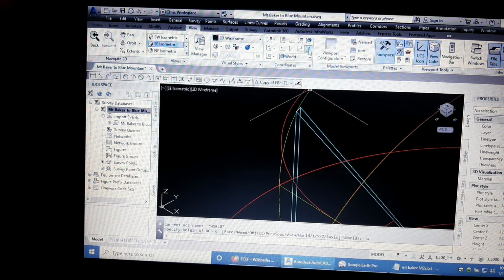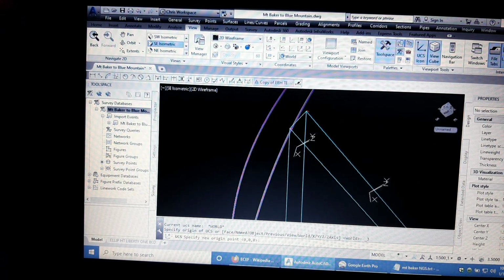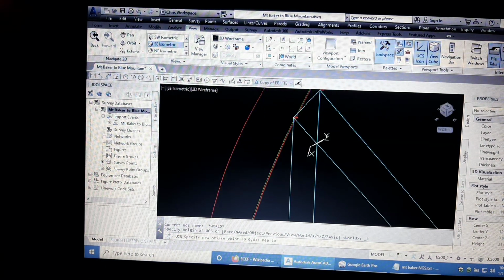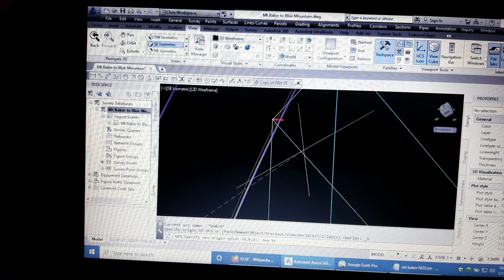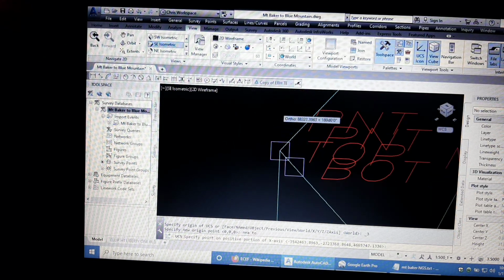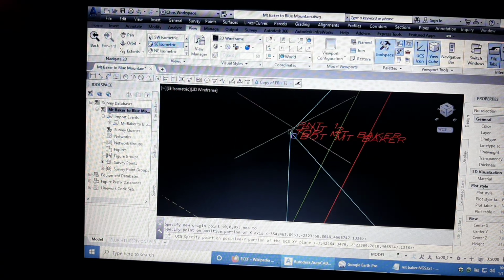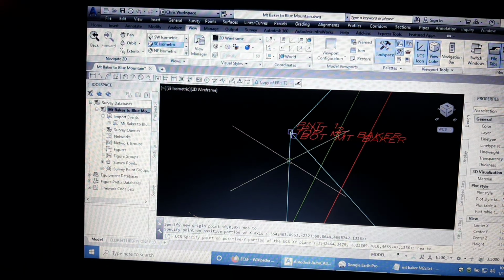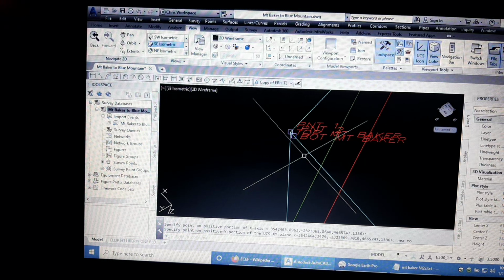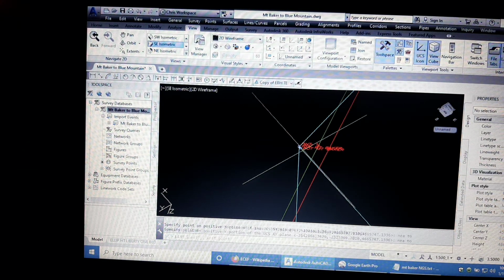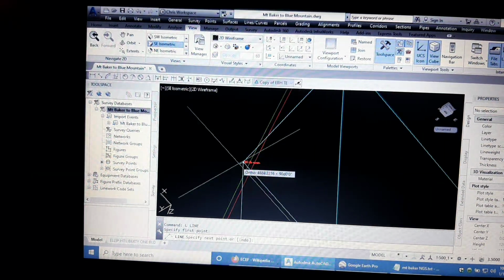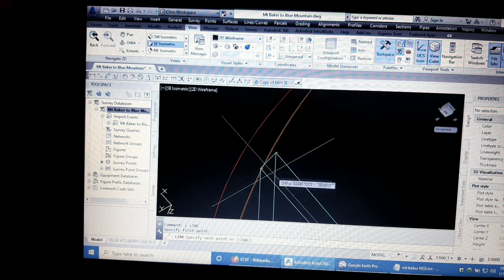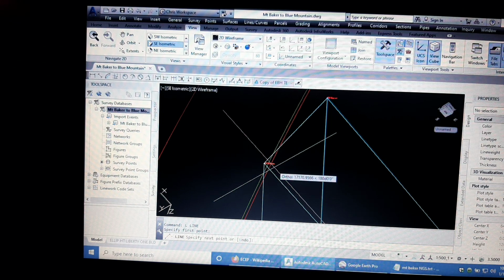So, we'll go 3-point, NEA, from here to here, and then back down. And I'll draw 2 lines, because I can't tell which one's a right angle to that point.